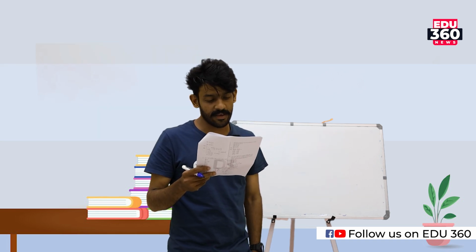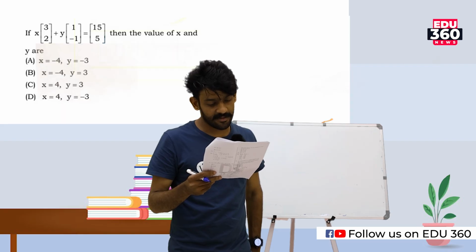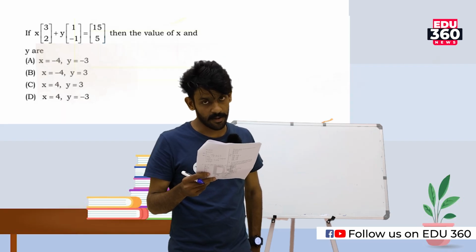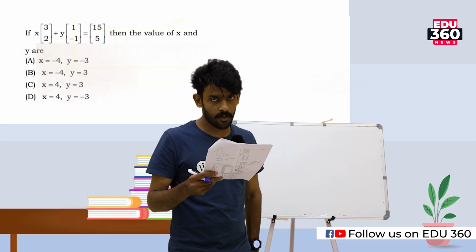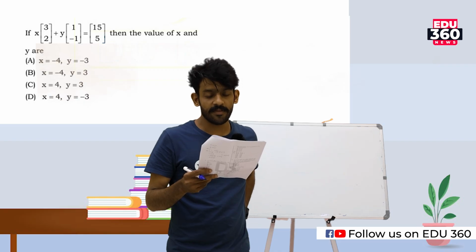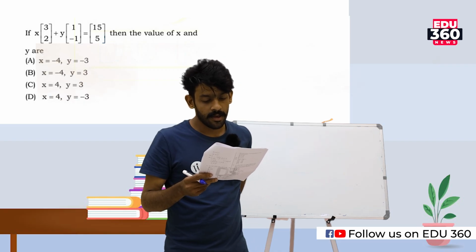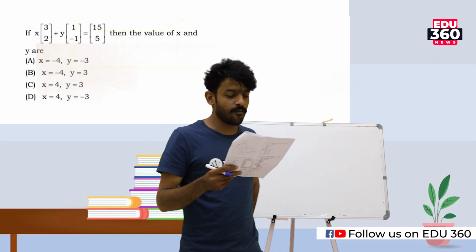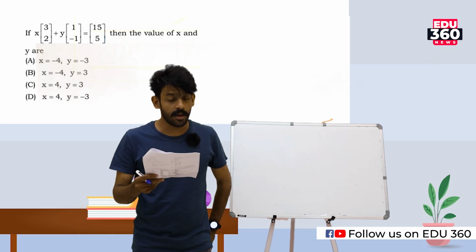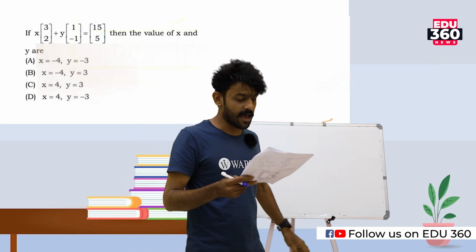So the next question is given that if x times the column matrix 3, 2 plus y times the column matrix 1, minus 1 is equal to the column matrix 15, 5, then the value of x and y are. So here for this question we need to find the value of x and y.